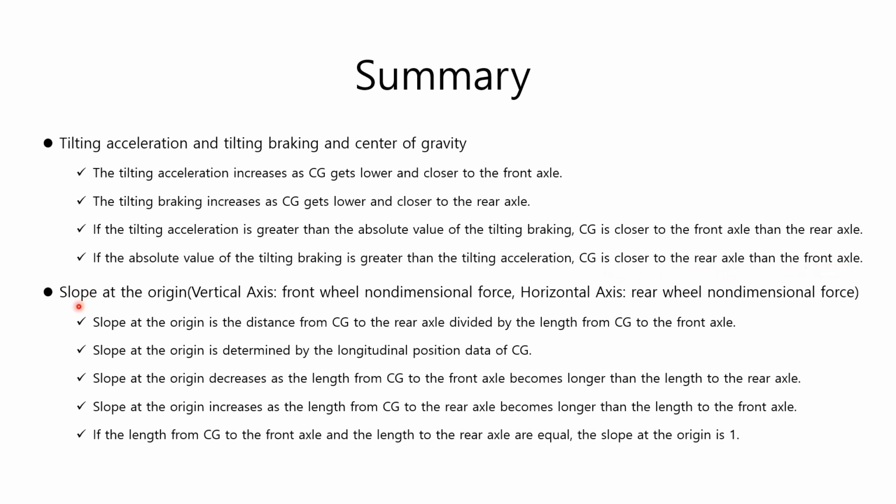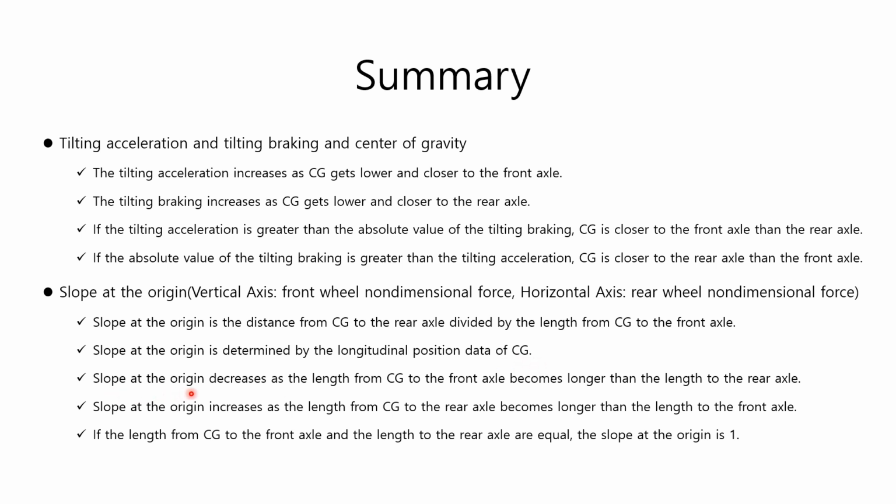We calculate the slope at the origin on the non-dimensional optimum force distribution curve. When the vertical axis of the optimal force distribution curve is the front wheel non-dimensional force and the horizontal axis is the rear wheel non-dimensional force, slope at the origin is the distance from CG to the rear axle divided by the length from CG to the front axle. Slope at the origin is determined by the longitudinal position data of CG.